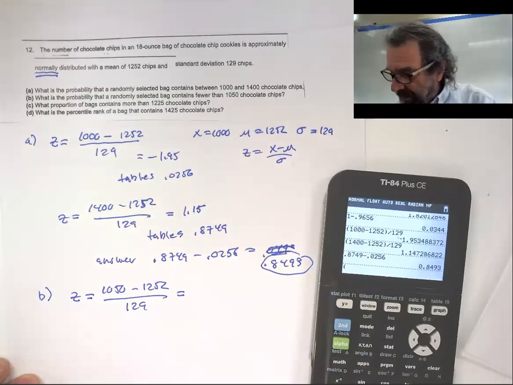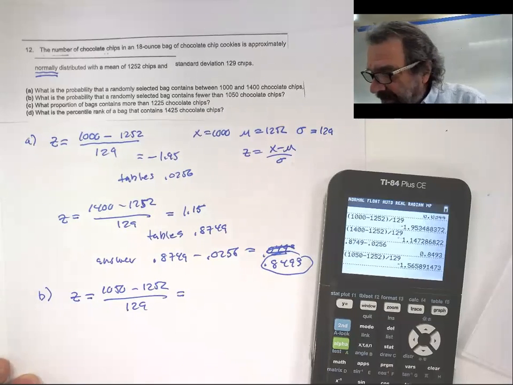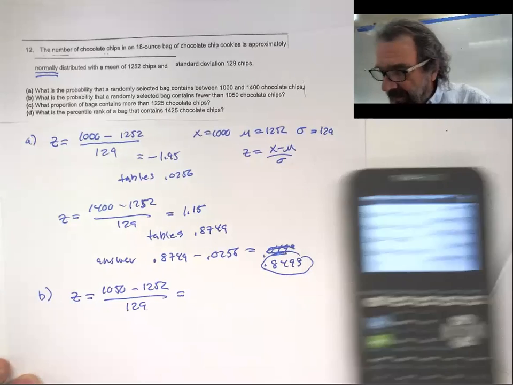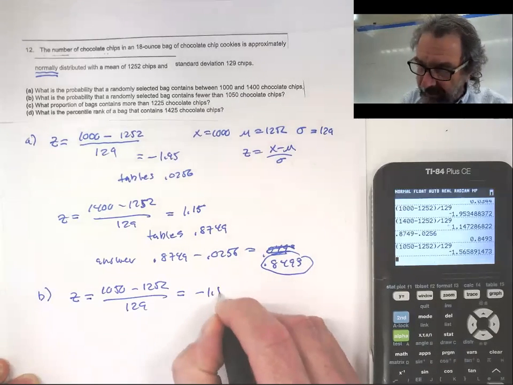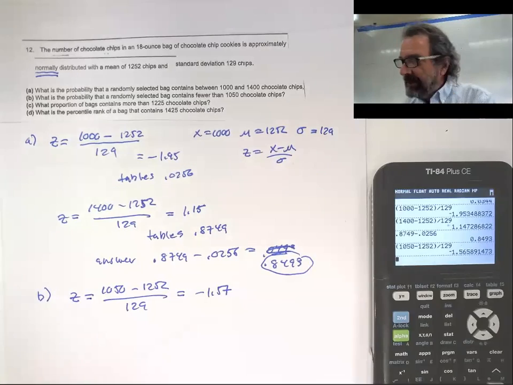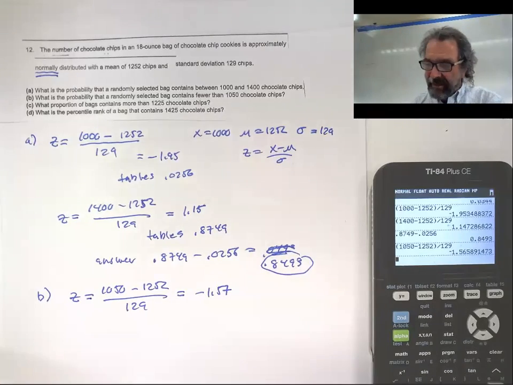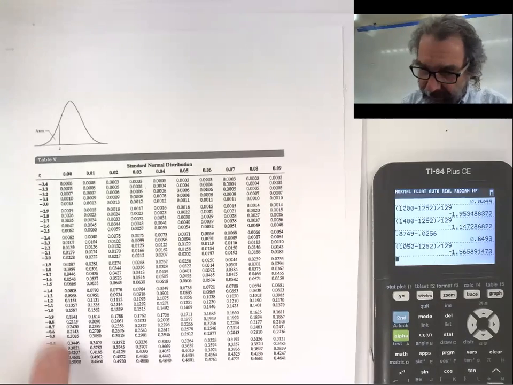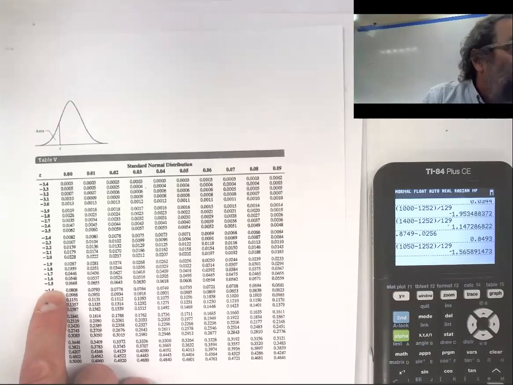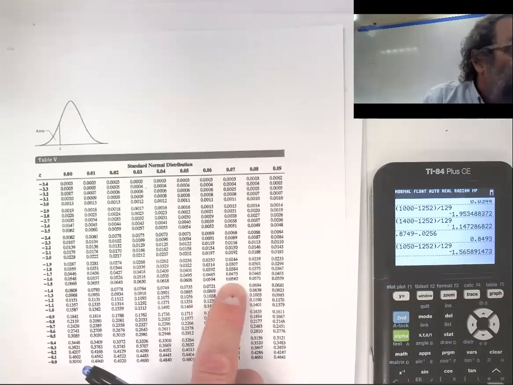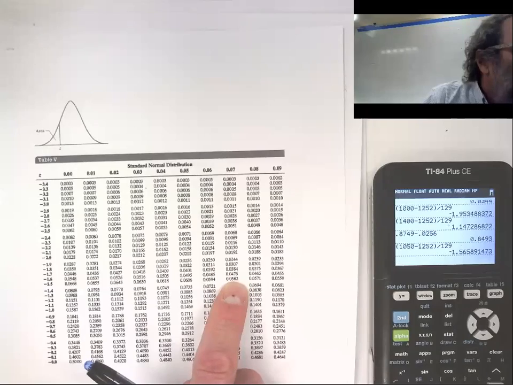So here we go, 1050 minus 1252 divided by 129, negative 1.57. And we go to the tables there, minus 1.57, here we are, 0.0582.